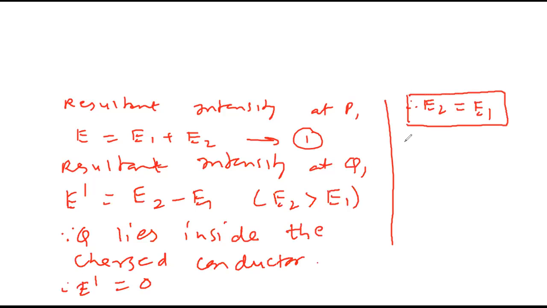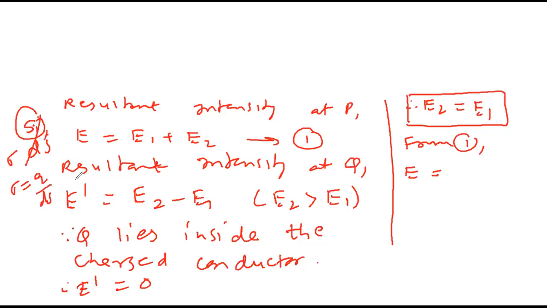So from 1, I can say E is E1 plus E2. See, I know area of surface S1, which is ds. तो इसका चार्ज मिल जाएगा sigma ds, because sigma is charge upon area. So I'm trying to find intensity of second surface, that means I'm trying to find E2.